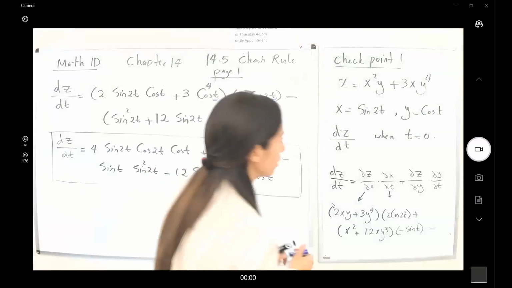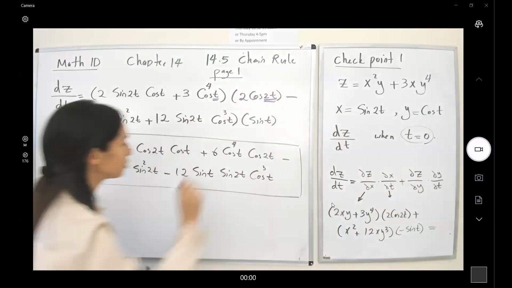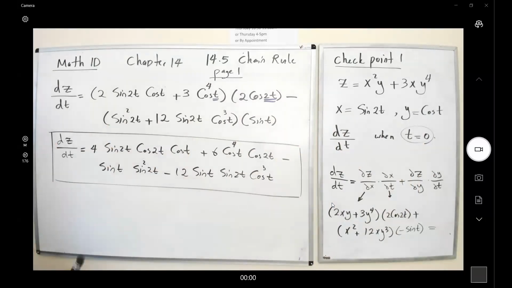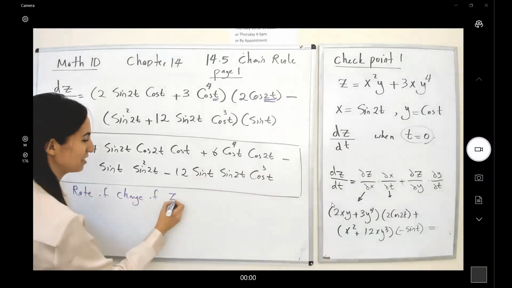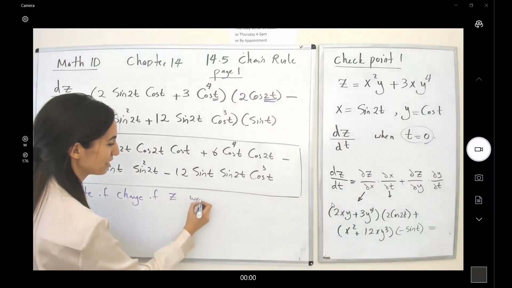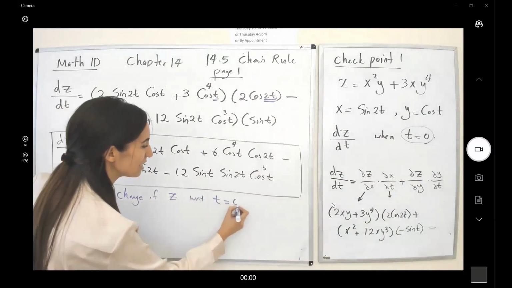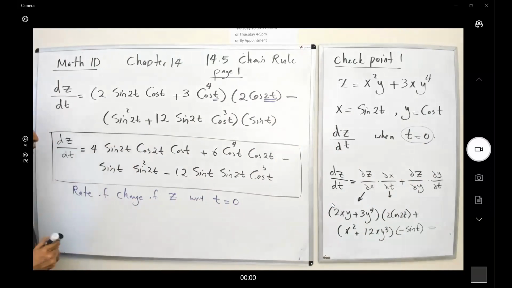Okay, and the final step, as you mentioned, thank you, is to plug in 0 to find the rate of change of z with respect to t when t is equal to 0. So it's not that hard.